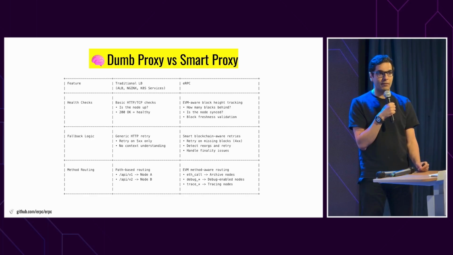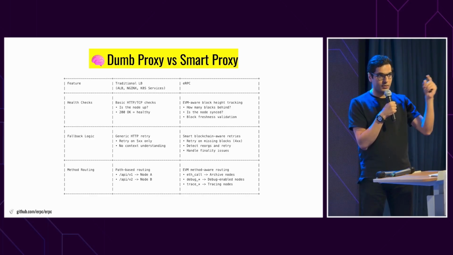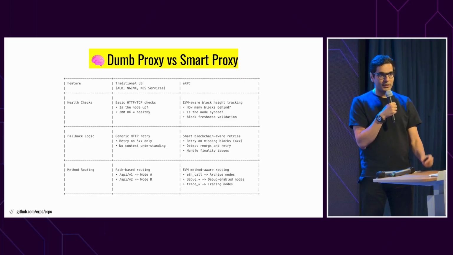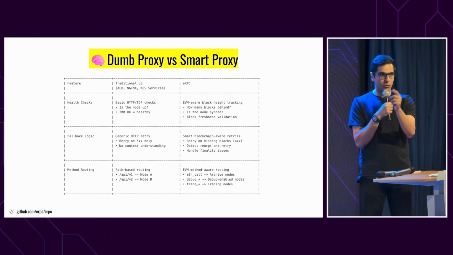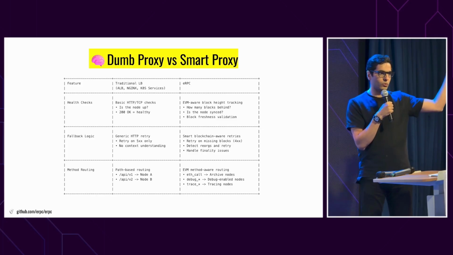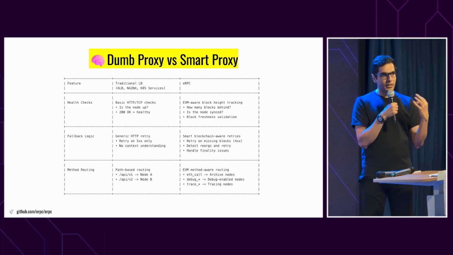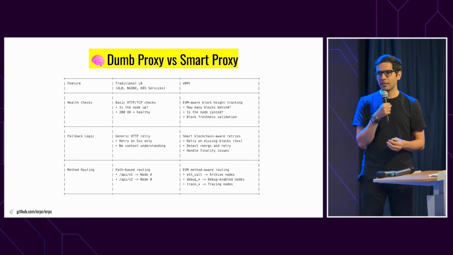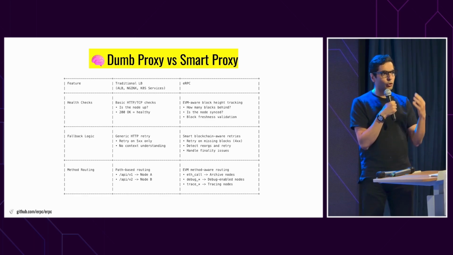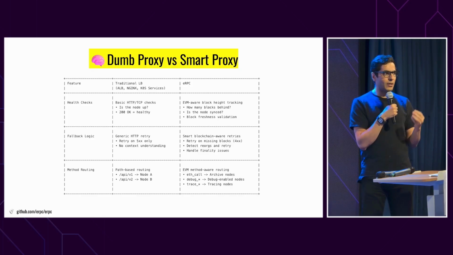You might want latest block height tracking, like how far behind the tip of the chain a node is, or you want certain nodes to handle certain methods because you know they're optimized for it, like traces going to a specific node. So EVM knowledge about finality, different methods, different chains, block height, and different normalization of errors is baked into eRPC, so you can route every single RPC request to the best node possible.